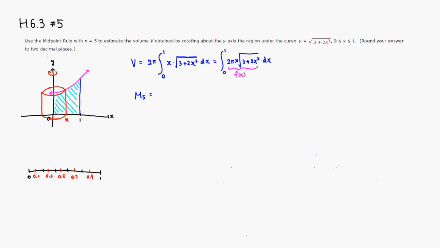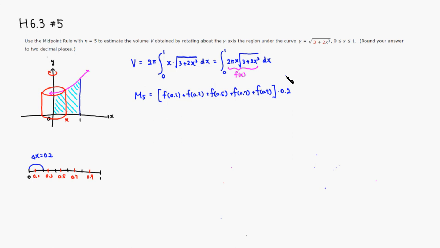Then delta x is just 1 divided by 5, so 0.2. So M5 is simply evaluating the function at 0.1, 0.3, 0.5, 0.7, and 0.9, and then multiplying by delta x, which is 0.2.